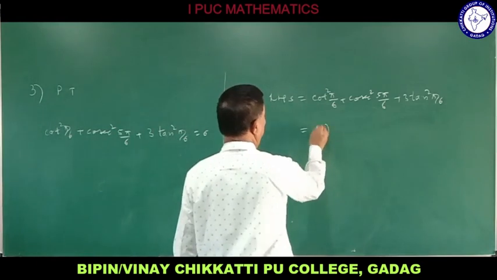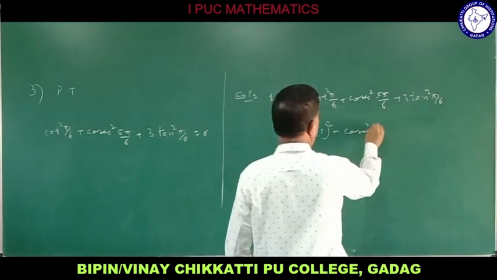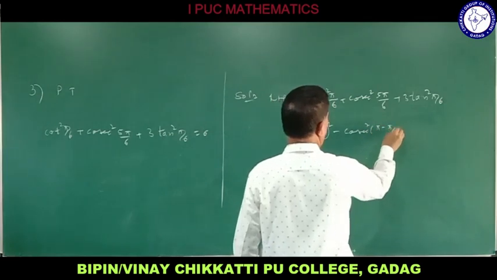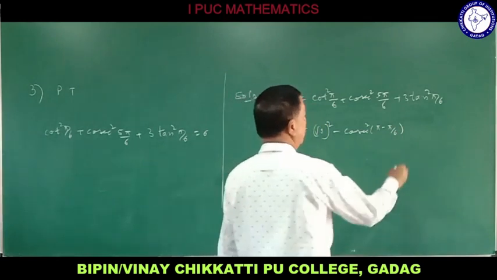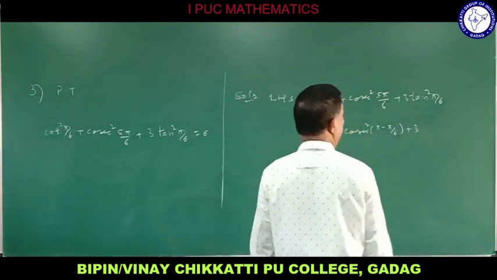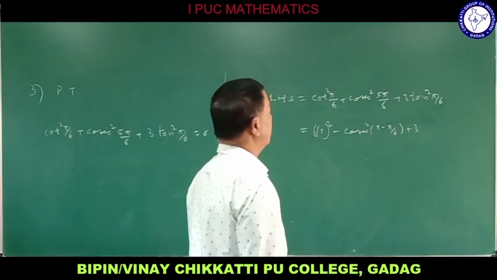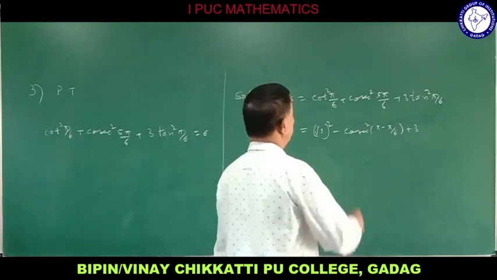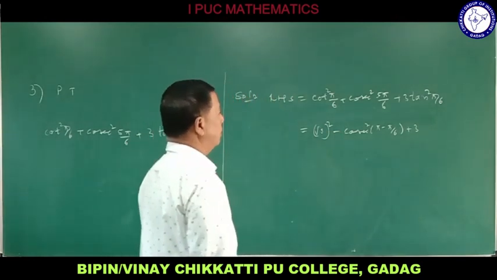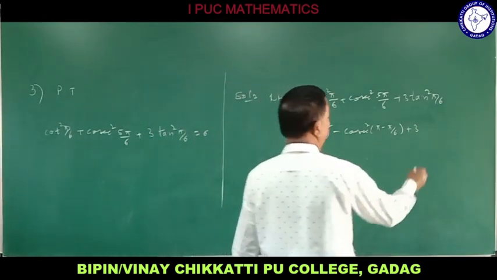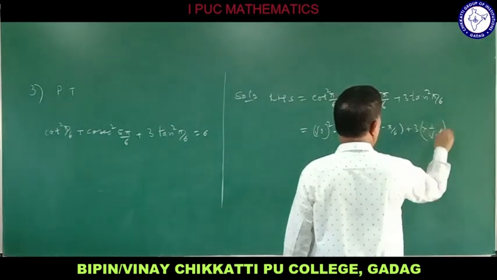So root 3 whole square, and cosec square of 5 pi by 6 means 6 allied angle we are using, plus 3 tan 30. Tan 30 is 1 upon root 3, that squared you can write.